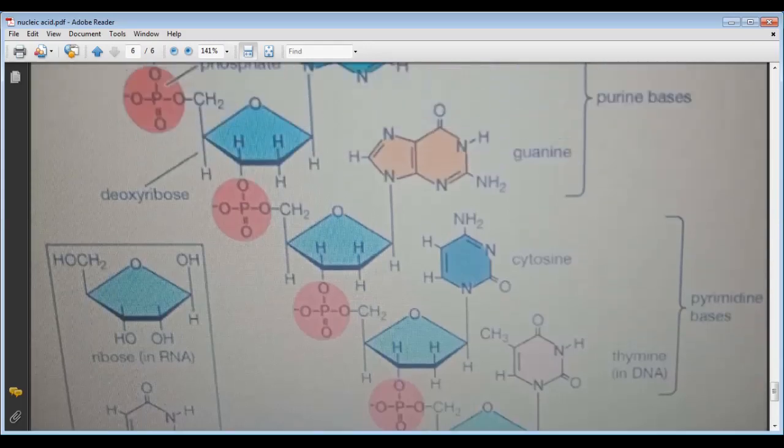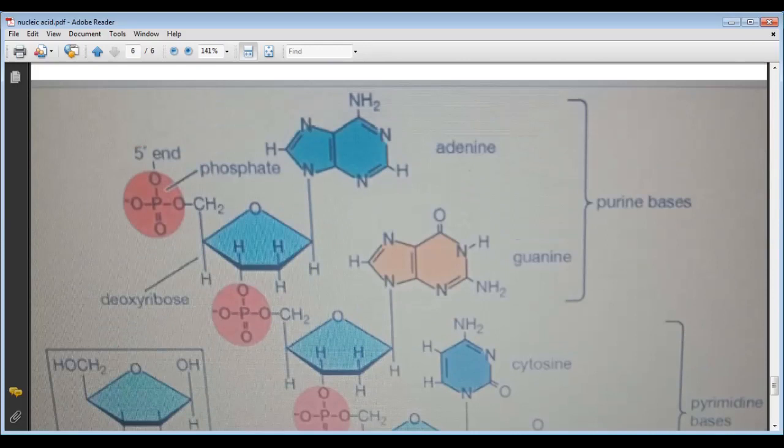Then at the third pentose sugar the guanine is present at the first carbon, and the third carbon and the fifth carbon of the sugars are attached together by the phosphate. Then again in this pentose sugar adenine is added at the first carbon position, and the phosphate at the fifth position.